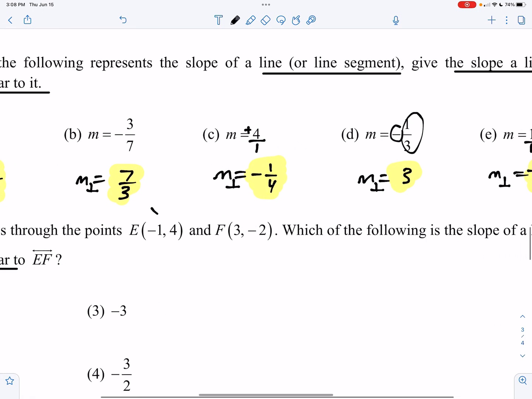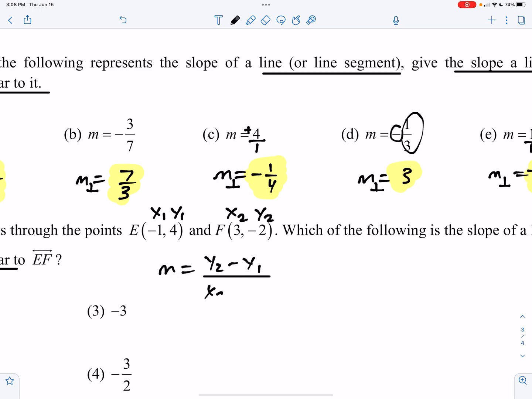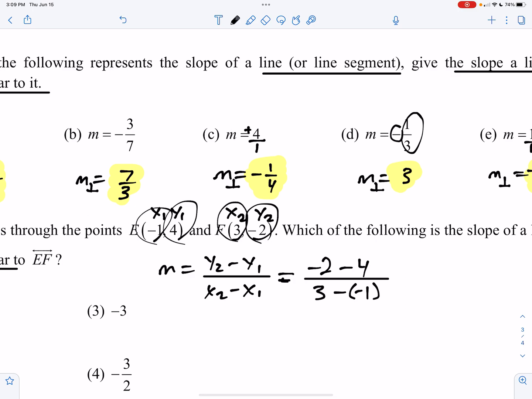Okay, so x1, y1, x2, y2. We're plugging into our slope equation, y2 minus y1 over x2 minus x1. So y2, -2, minus y1, 4, over x2, 3, minus -1.